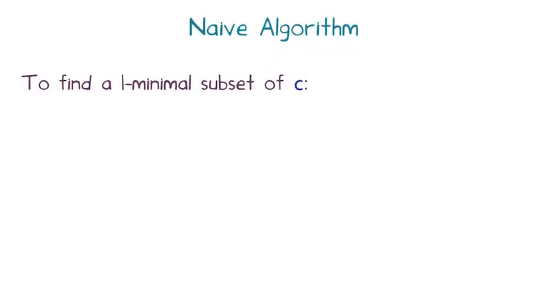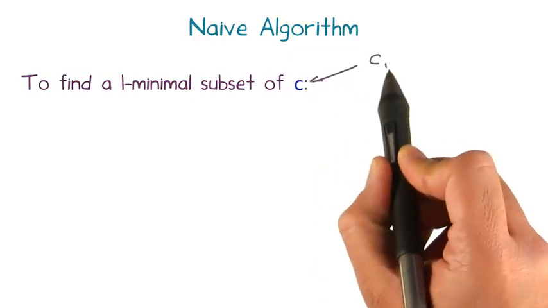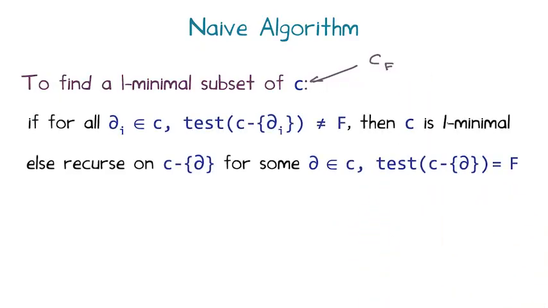Now, let's think about how to build an algorithm to find a one minimal subset of a given set of changes C. We would then apply this algorithm to find the one minimal subset of the set of all changes by setting C to CF. One straightforward approach is to iterate through each change delta I in C, testing whether the set C minus delta I fails or not.